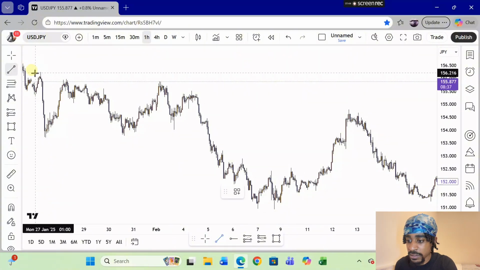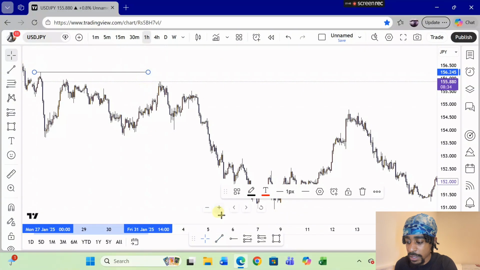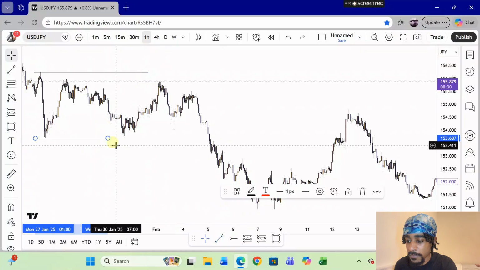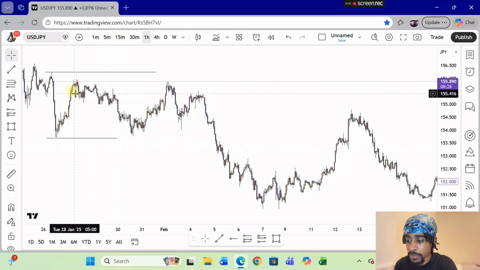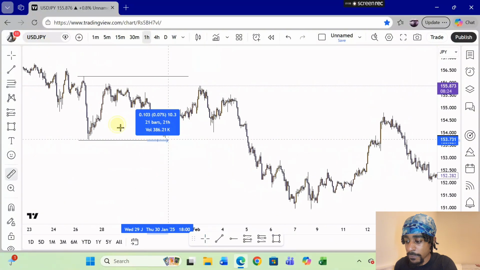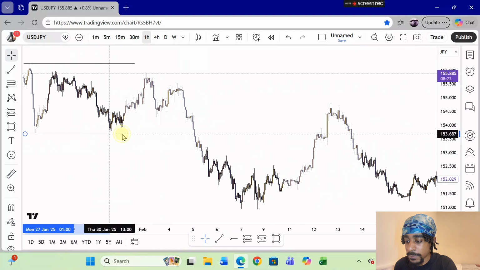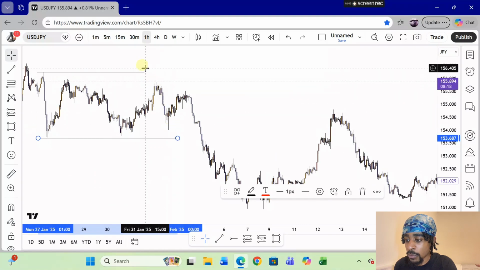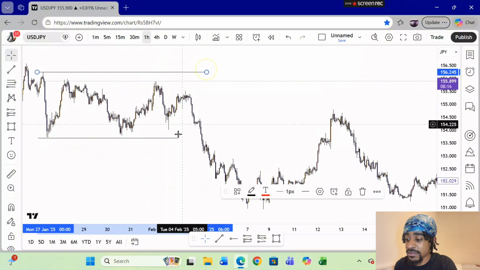So we have a high here, and then we have a lower low here. Price pushes up, pushes down to that low, pushes higher, pushes down.